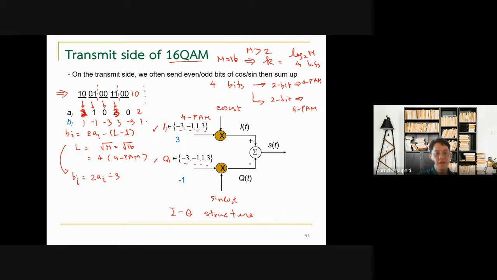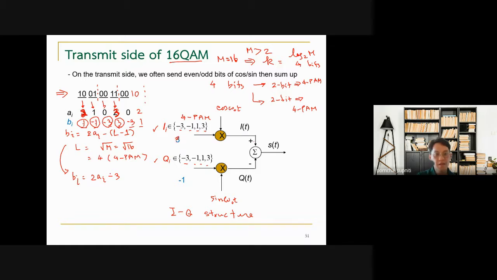This will be I and Q, so they alternate when you send them. This is like odd symbols, even symbols, odd symbols, even symbols, and so on. We send two symbols at a time. Let's say that we want to start sending from these two symbols.